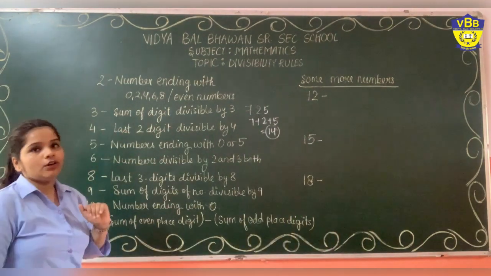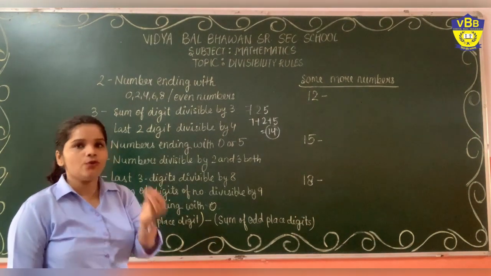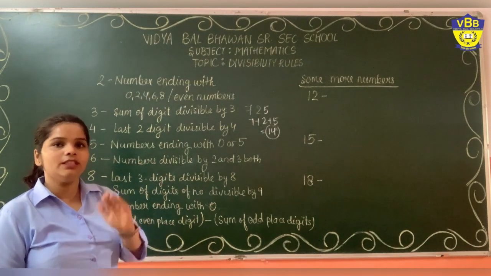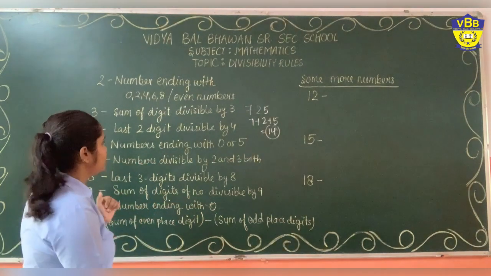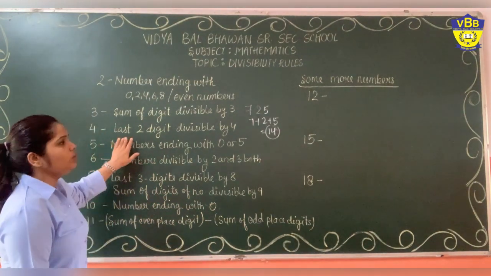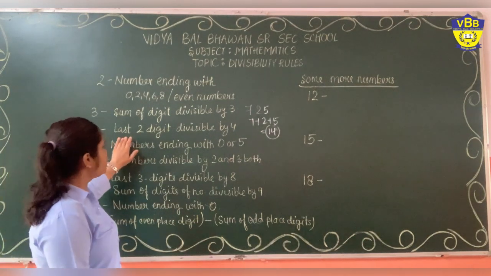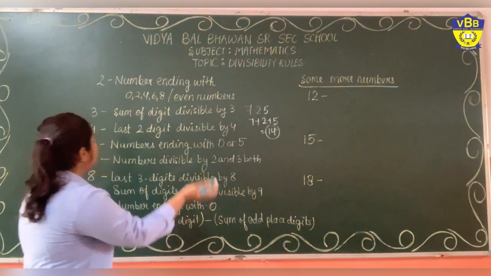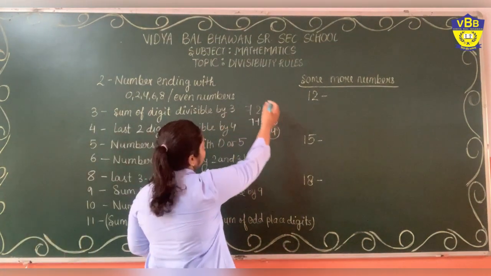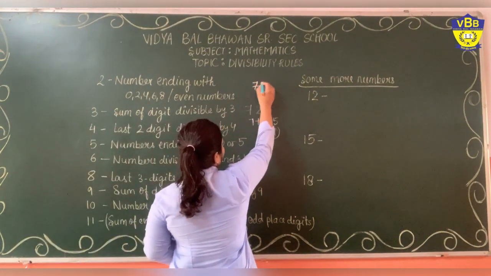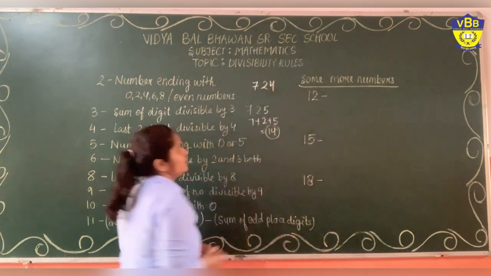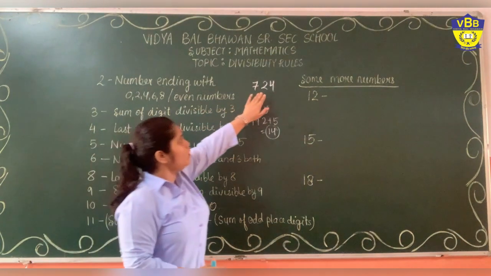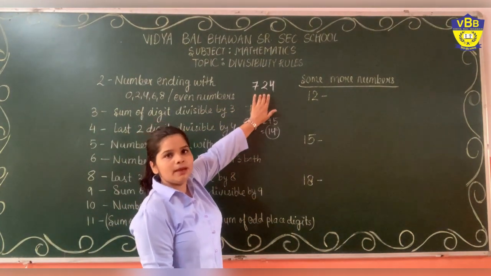Next, if I am talking about the number 4, to check if a given number is divisible by 4, yes or no, without actually dividing, you need to look at the last 2 digits of the number. Suppose we have the number 724 and, without dividing, I want to know if it is divisible by 4 or not.